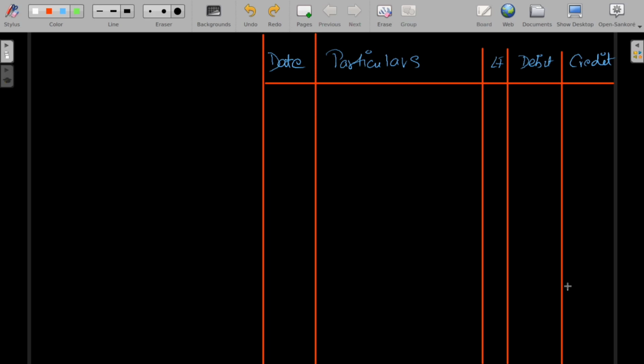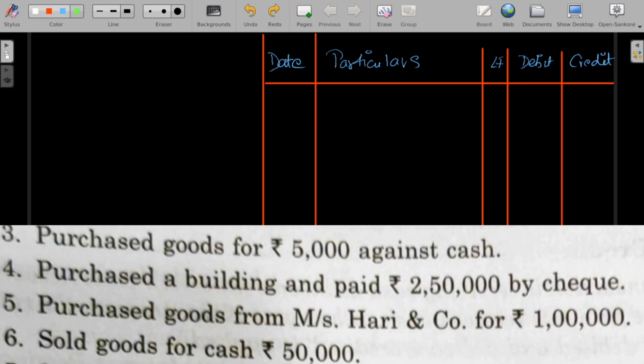In the third sum, they've given purchased goods from Hari and Co. for 1 lakh. In this, they have not purchased the goods in cash because they didn't mention that they have paid cash, as they mentioned in the first question where they said purchased goods for 5,000 against cash. So in this, they purchased goods on credit. What is credit here?